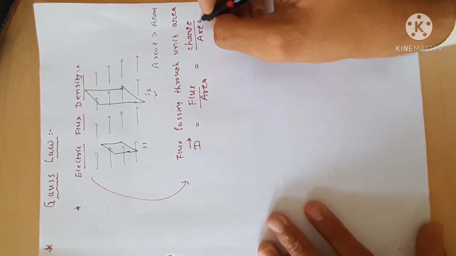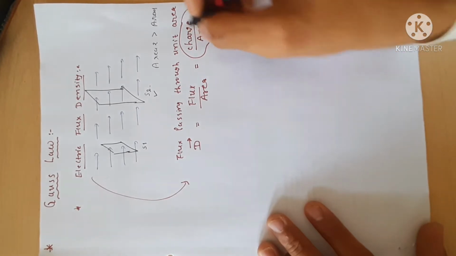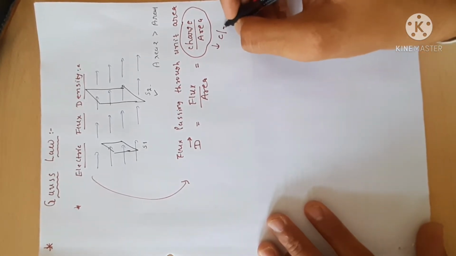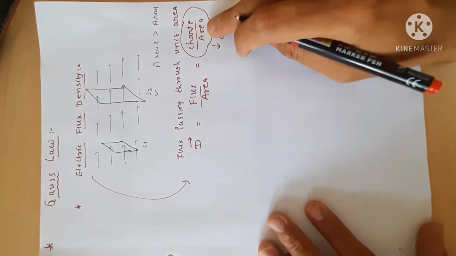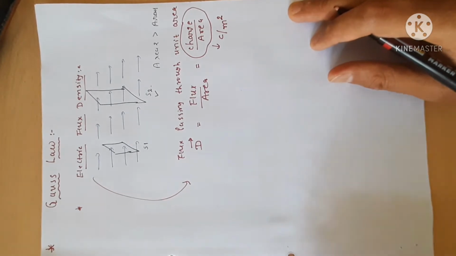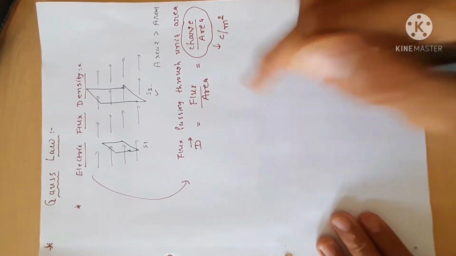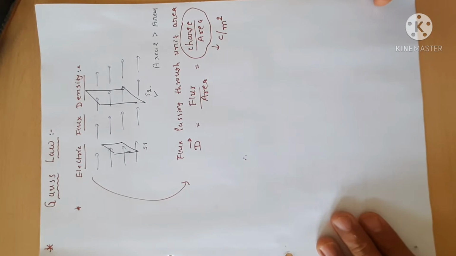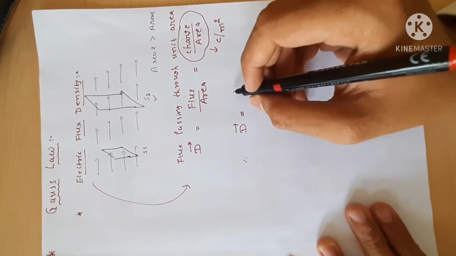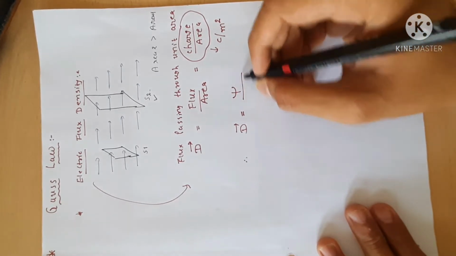The unit of D is Coulomb per meter square, because it is charge upon area. Here flux is psi, so electric flux density, a vector quantity, D vector equals psi upon area.